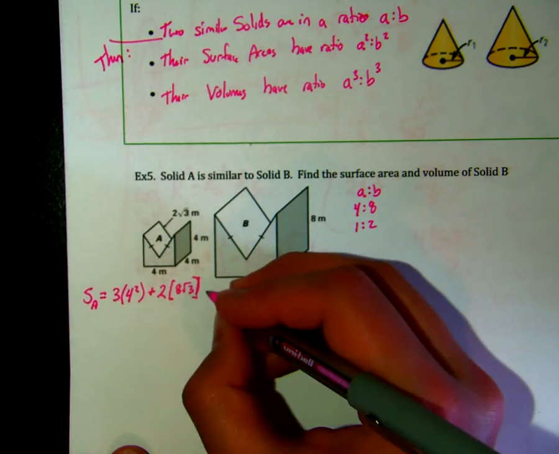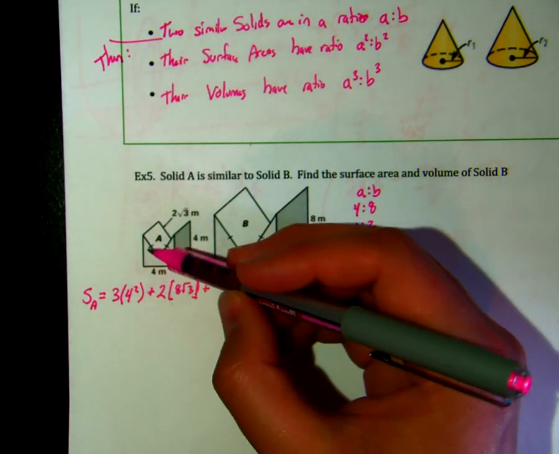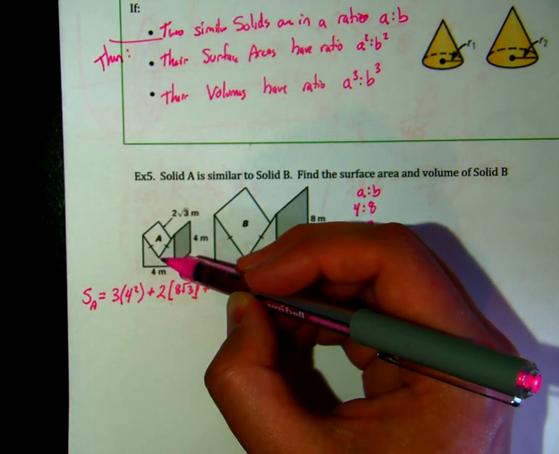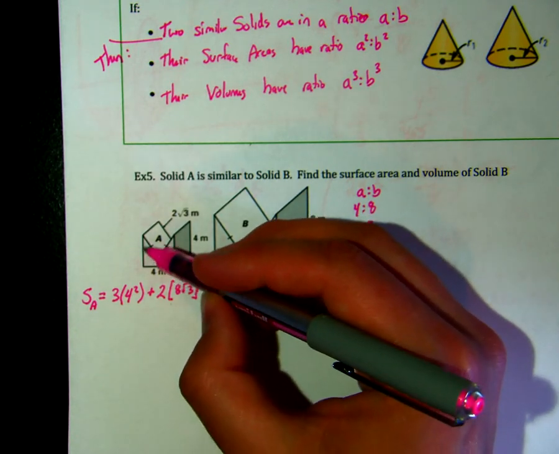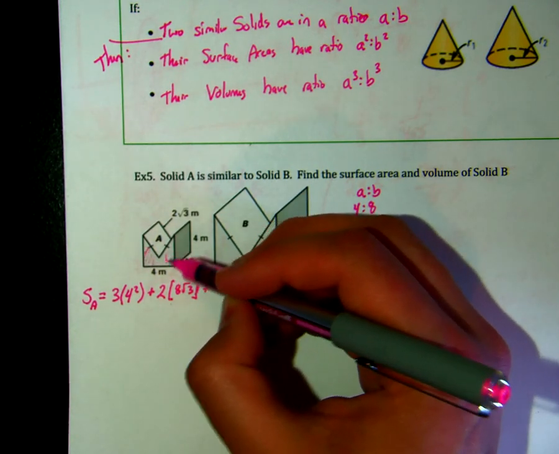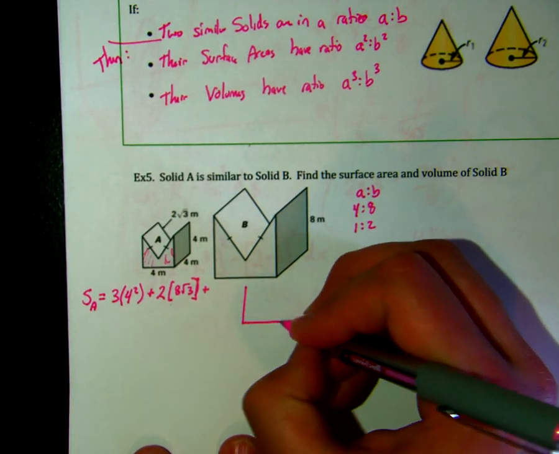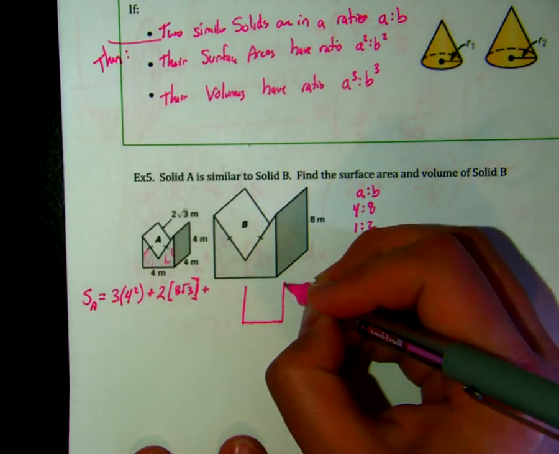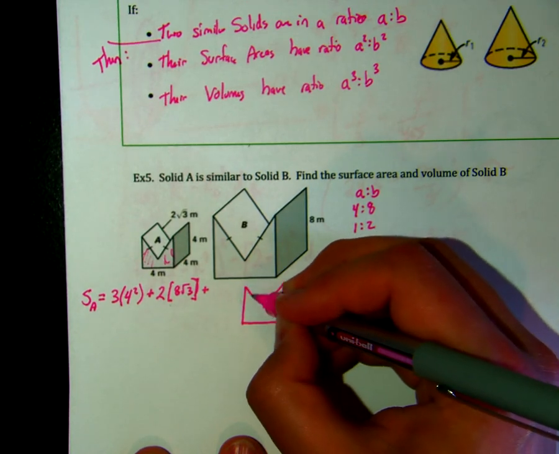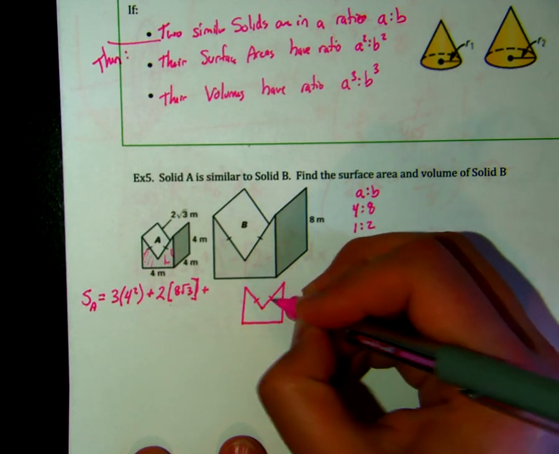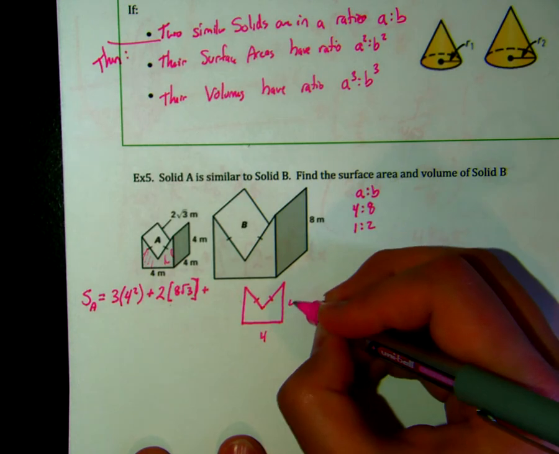And then I have 2 of these bases, this thing in the front. And that, in and of itself, is its own issue. It's a different composite shape. So this is 4, this is 4.